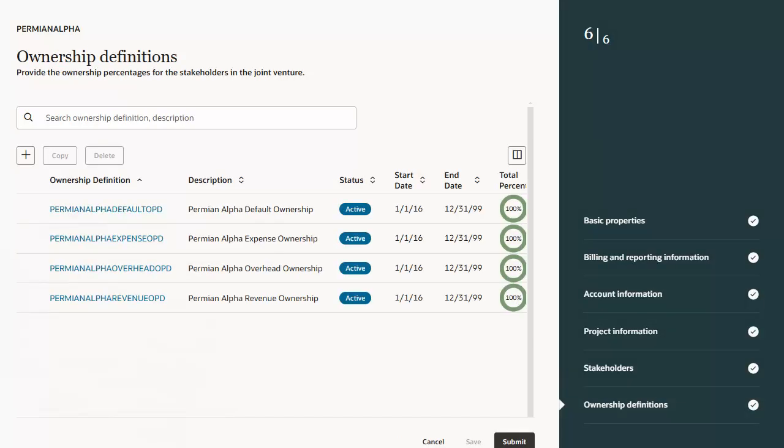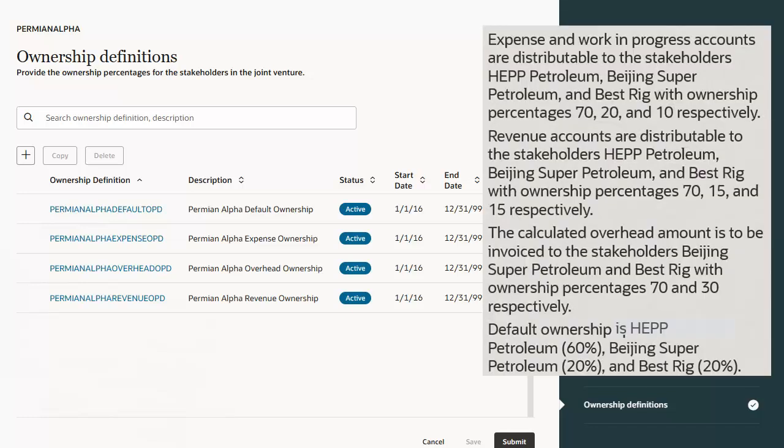There are 4 ownership definitions. Expense and work in progress accounts are distributable to the stakeholders HEPP Petroleum, Beijing Super Petroleum, and Best Rig with ownership percentages 70, 20, and 10 respectively. Revenue accounts are distributable to the same stakeholders with ownership percentages 70, 15, and 15 respectively.